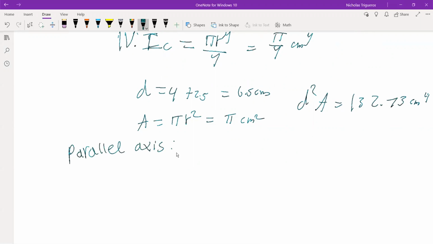Parallel axis time. IX is going to be the sum of all of our IXCs plus the sum of our D squared A's.